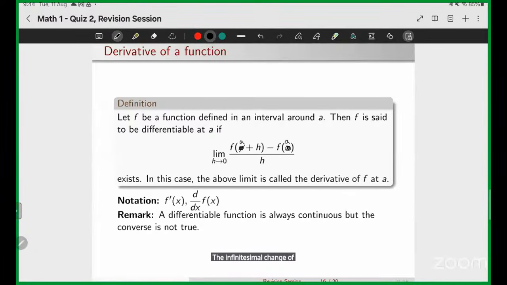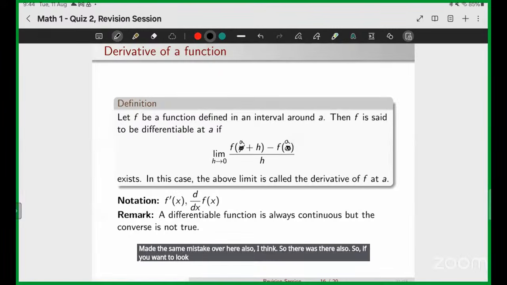If you want to look at the rate of change of the function, what do I mean by that? How much the function changes as I change the input. So this h is the change in input. When I go from a to a plus h, how much does the function change? Increase, decrease, or stay the same?